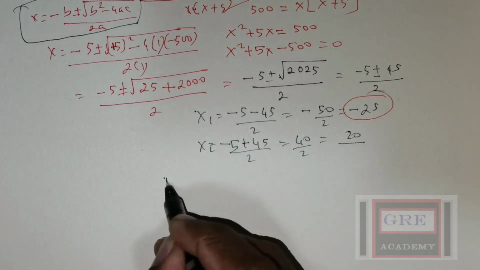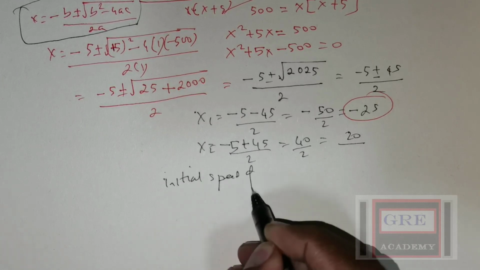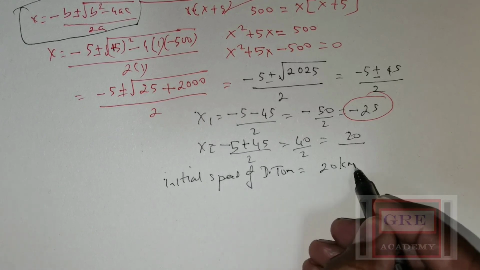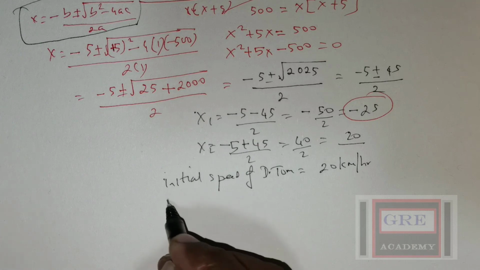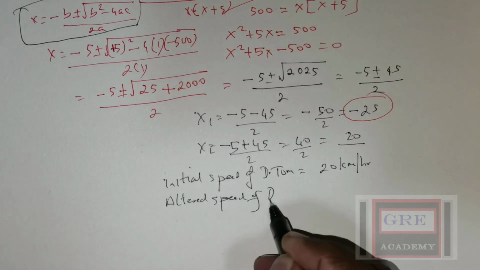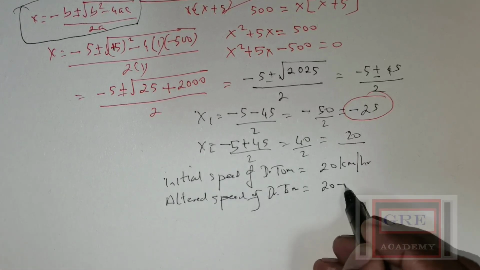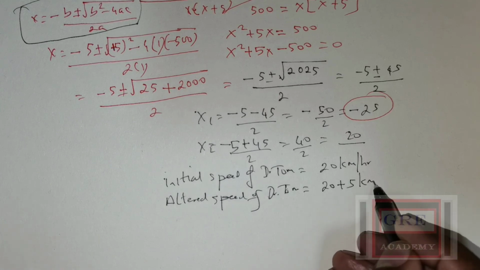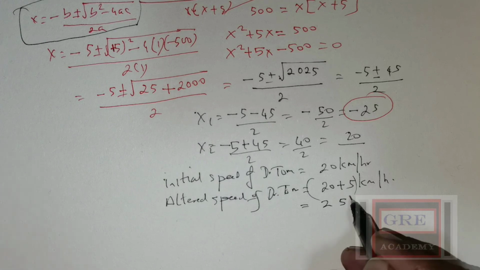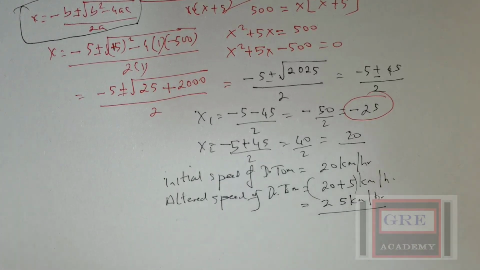So the initial speed of Dr. Tom was 20 kilometers per hour. Now the altered speed of Dr. Tom is actually 20 plus 5. He raises by 5 kilometers per hour, right? So that is going to be equal to 25 kilometers per hour. So this will be the solution to the question.